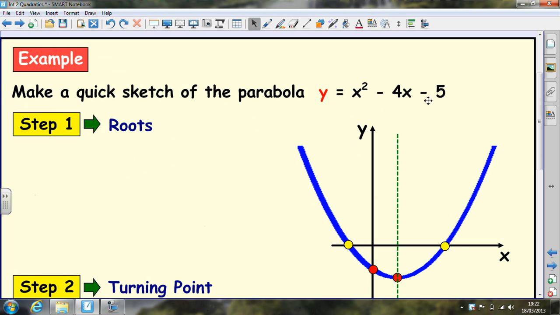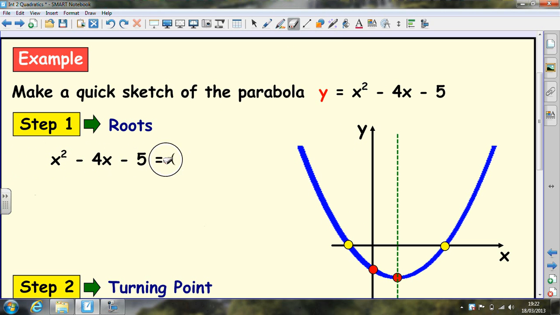If we can factorise this part of the equation and let it equal 0, since the y value of these coordinates is 0, then solve that equation, we can work out the roots. The second way would be to use the quadratic formula, but that should be obvious, and it will be in a calculator paper, and it will say round your roots to 1 decimal place or 2 decimal places. So in this case we're going to factorise.